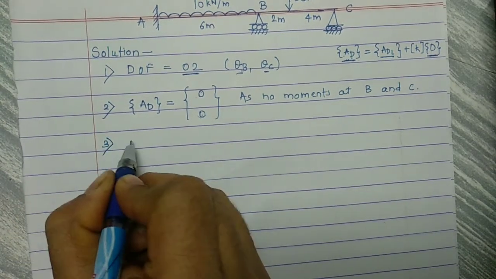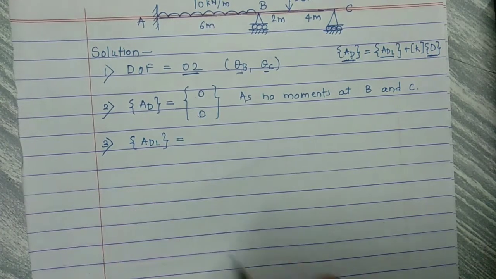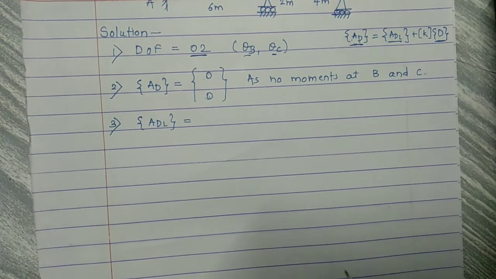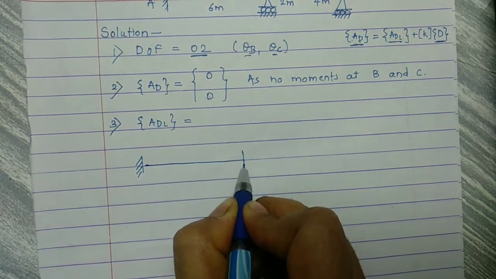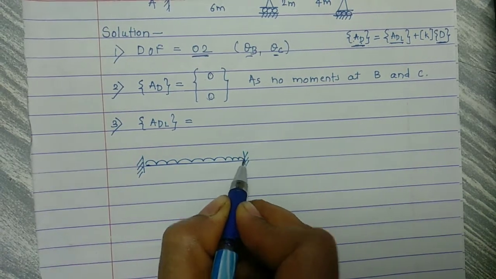Now second, to determine the ADL matrix. ADL matrix is the action corresponding to the unknown displacement in the restraint structure. So here we have to draw the restraint structure. Let us draw member AB as restrained from both ends, fixed at both ends.